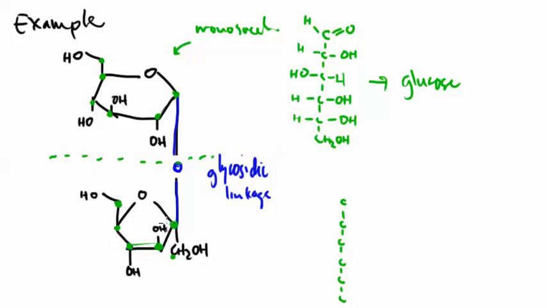So that meant it was the first carbon of the chain, and the first carbon gets the carbonyl. In this example, however, this is the anomeric carbon, and this anomeric carbon does have a CH2OH on it. So it's not the first carbon of the chain here. The anomeric carbon is the second carbon of the chain.